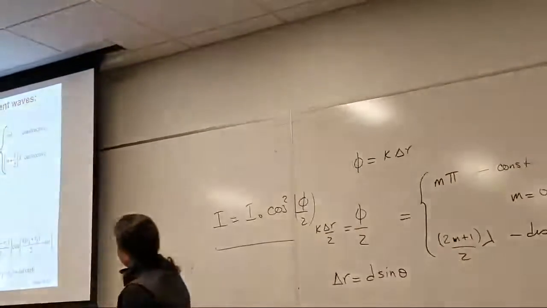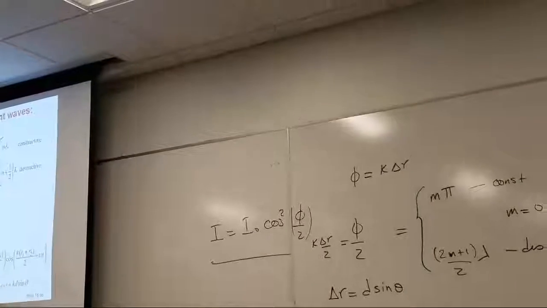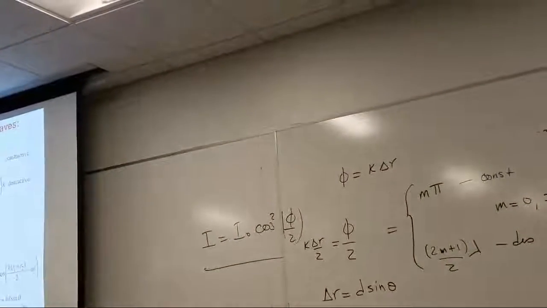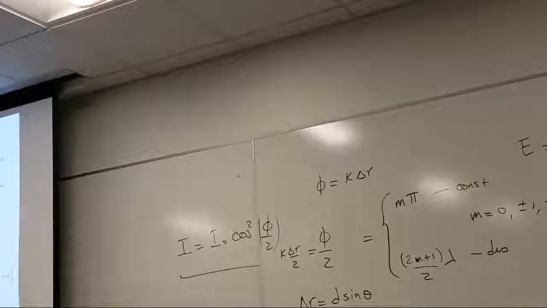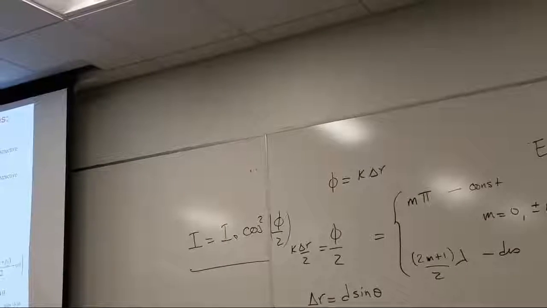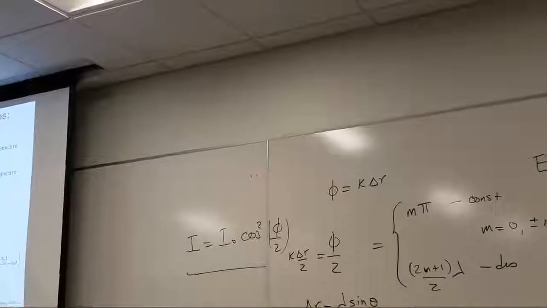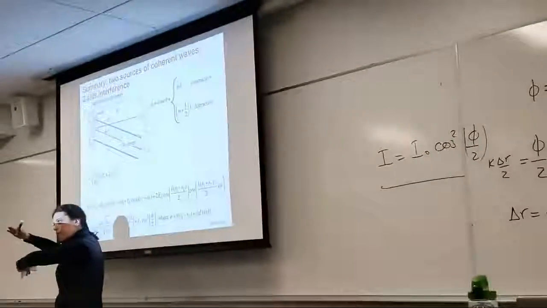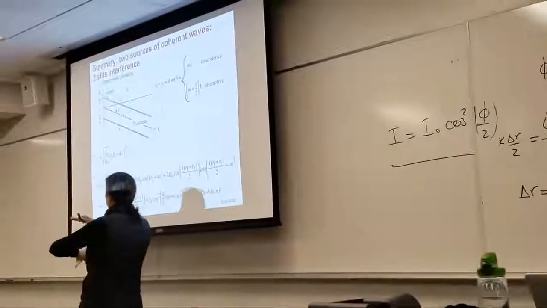Whose theta? The angle that the line that goes from the middle of the two slits all the way to the screen makes, because in this approximation that Young made, these two rays are parallel to each other, and therefore parallel to that red line, the midpoint line.